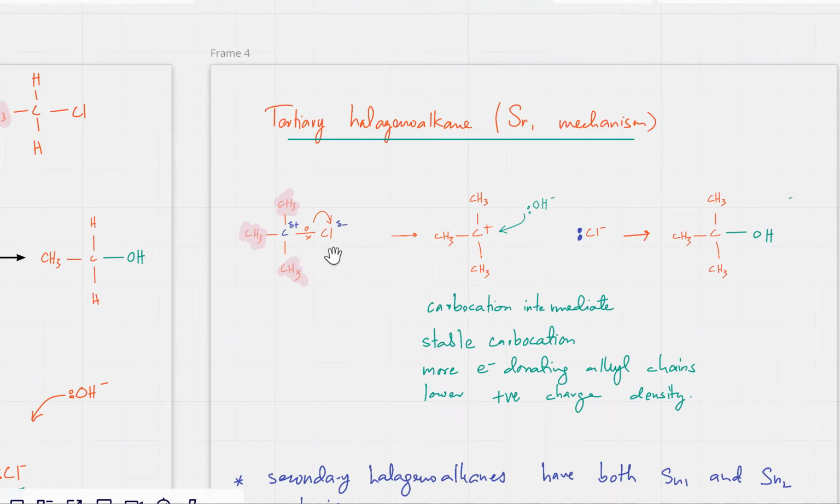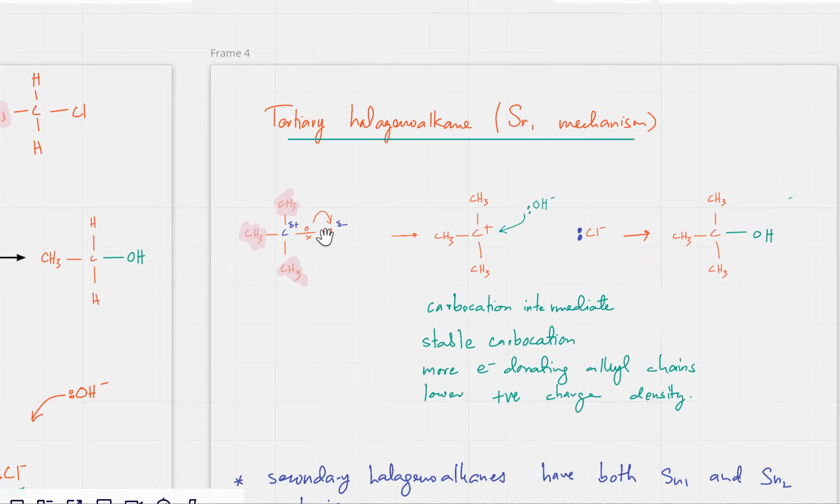Why? Because it's very easy for the Cl to leave, because this positive carbon is not very positive. Why? Because it's got all these large groups with electrons, electrons over here, electrons over here, electrons on this side. So it's surrounded by electrons on all sides, and the positive charge kind of gets neutralized.